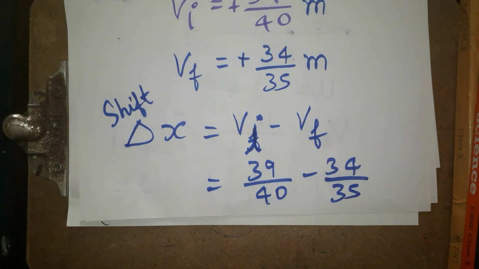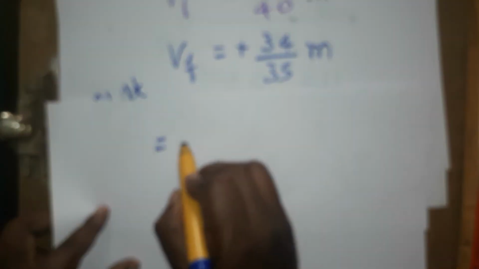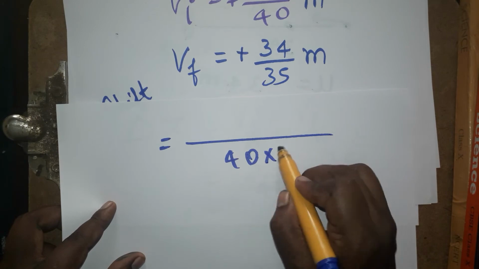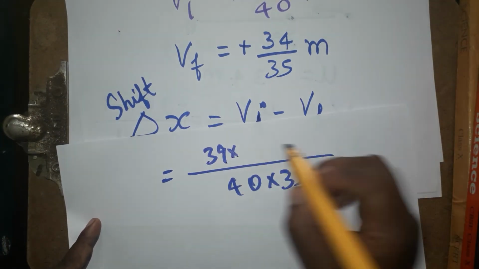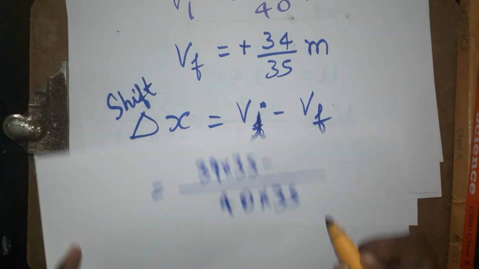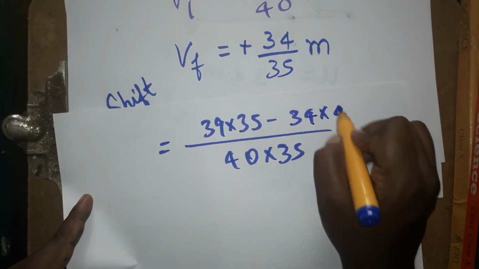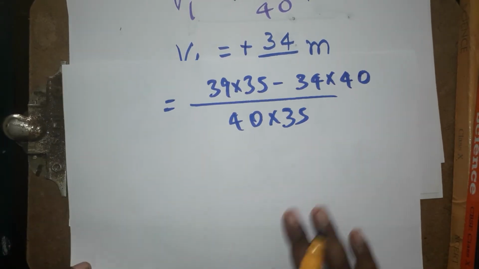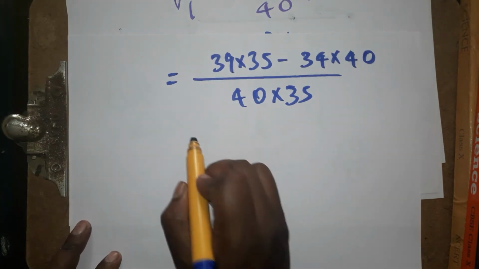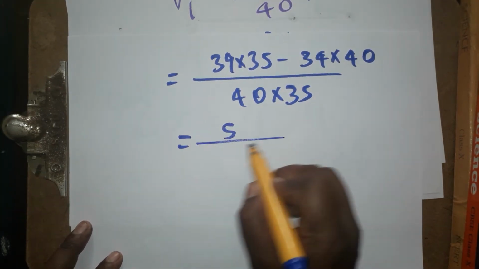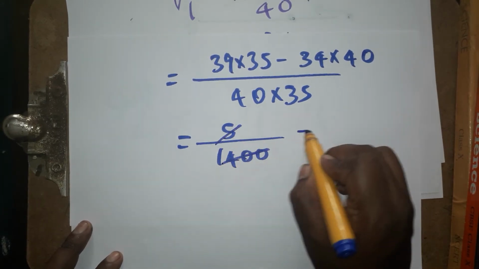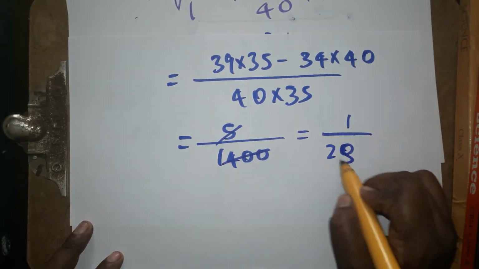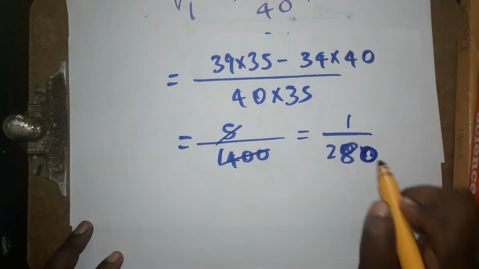If you are doing the LCM, you can do 40 into 35. So 39 into 35 minus 34 into 40. With this calculation, we will get 5 divided by 1400. If you cancel this, 1 divided by 280.